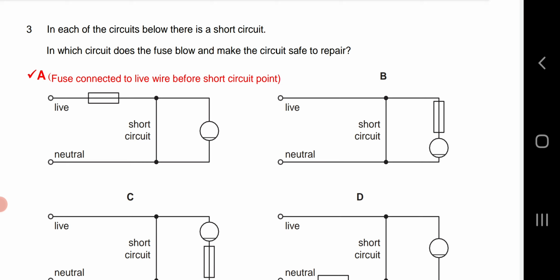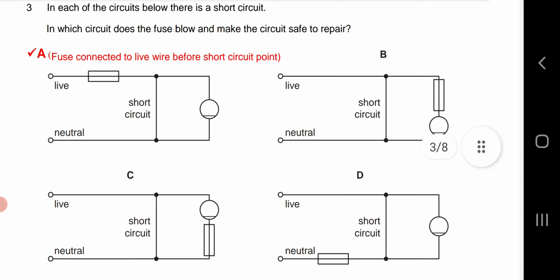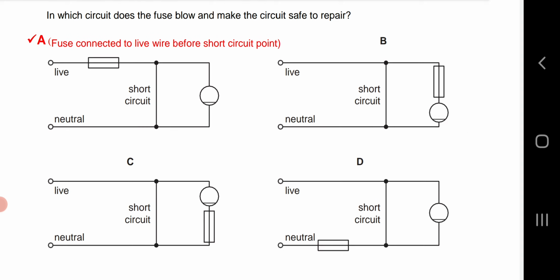In diagram B, the fuse will not blow because the fuse is connected with the device. In diagram C also, the fuse will not blow. And in diagram D, the fuse is connected with the neutral wire, which is not a suitable connection. Always connect the fuse with the live wire. So option A, fuse connected to the live wire before the short circuit point.